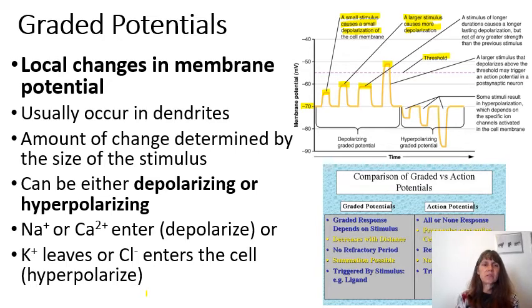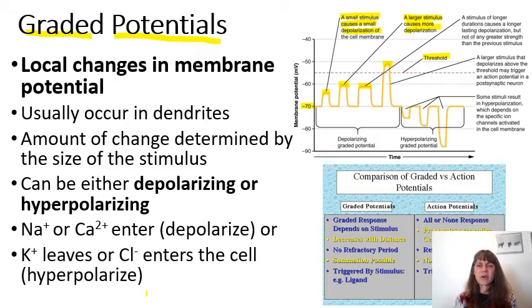So graded potentials are merely local changes in membrane potential that usually occur in dendrites, and can occur on the soma. The amount of change in the voltage is going to be determined by the size of the stimulus.